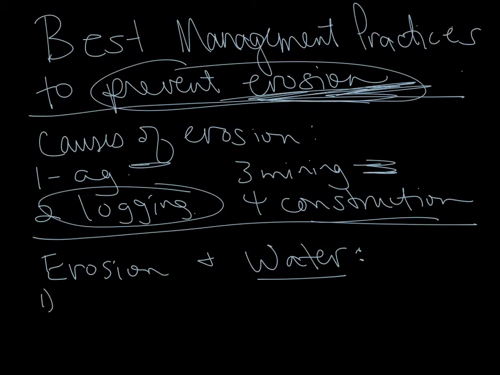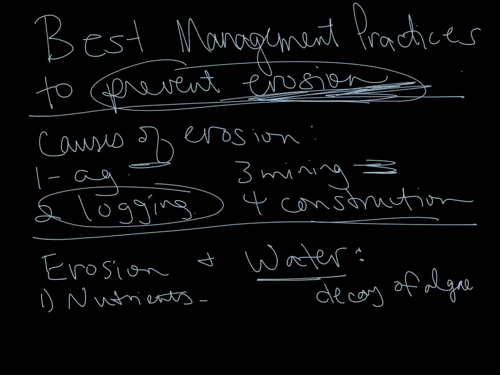So one of the things that happens is you get all these nutrients in the water. So excess nutrients in water is going to cause problems because those are going to cause algal blooms. Now, algal blooms are going to then die off once they use up the nutrients, and once they die off, the decay of algae is what will lower the oxygen levels.